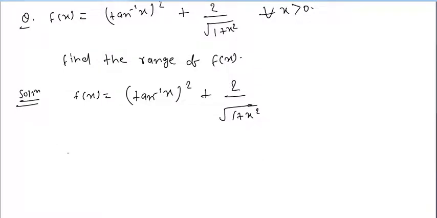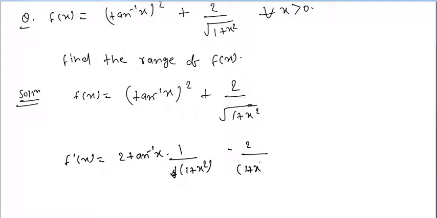So after differentiating, f dash of x, what we are getting is 2 tan inverse x into 1 divided by 1 plus x square, and here minus 2 divided by 1 plus x square raised to power 3 by 2 into x.